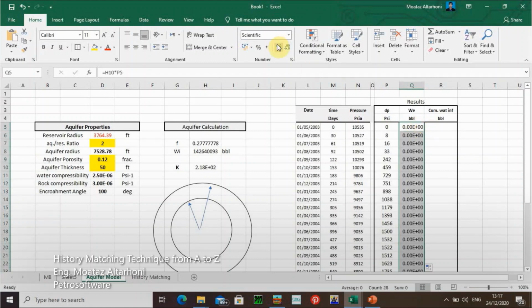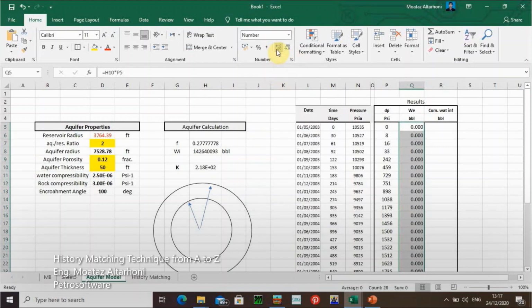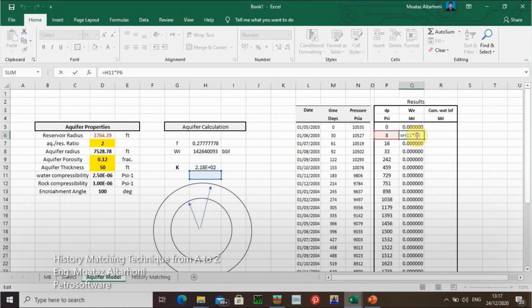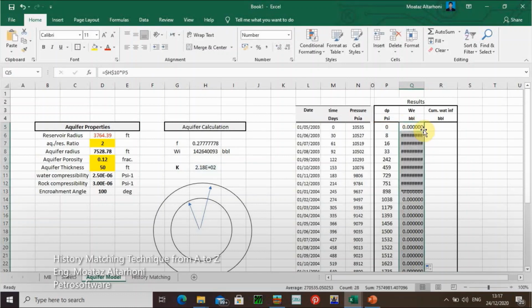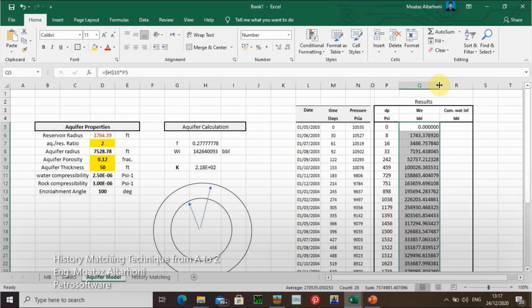Then I can have this number. What a mistake I made here. Oh, sorry. K is a constant and does not change. Delta P only.